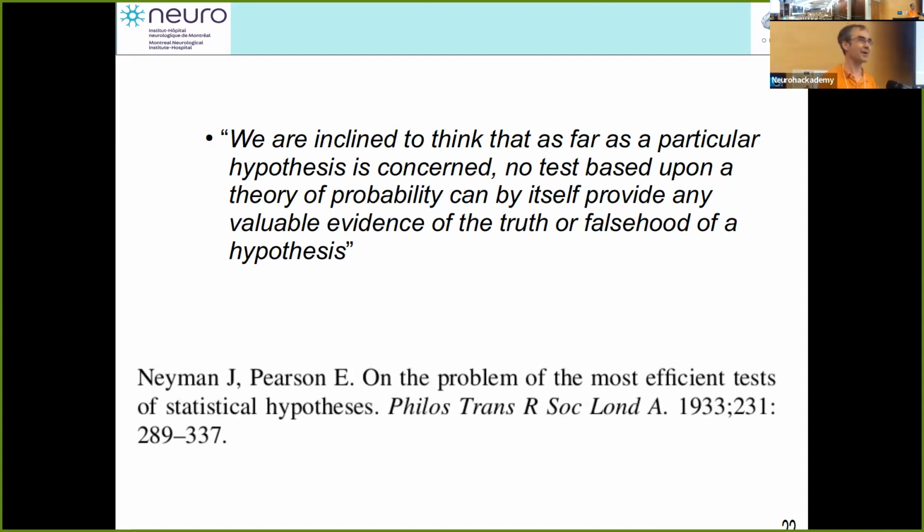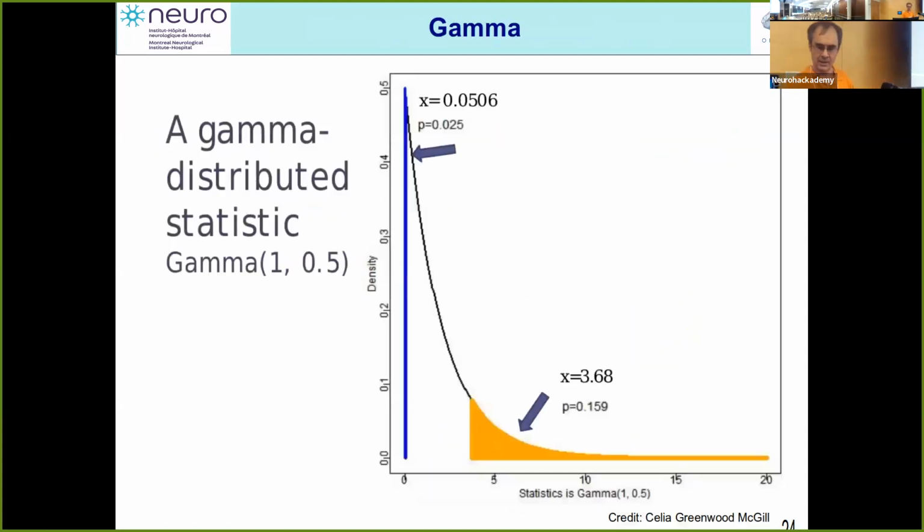That's very sobering. Those guys developed that framework, and they say, don't use it to tell us about what is true about the hypothesis. It also speaks to the fact that we are not making statements about the hypothesis, we're making statements about data.